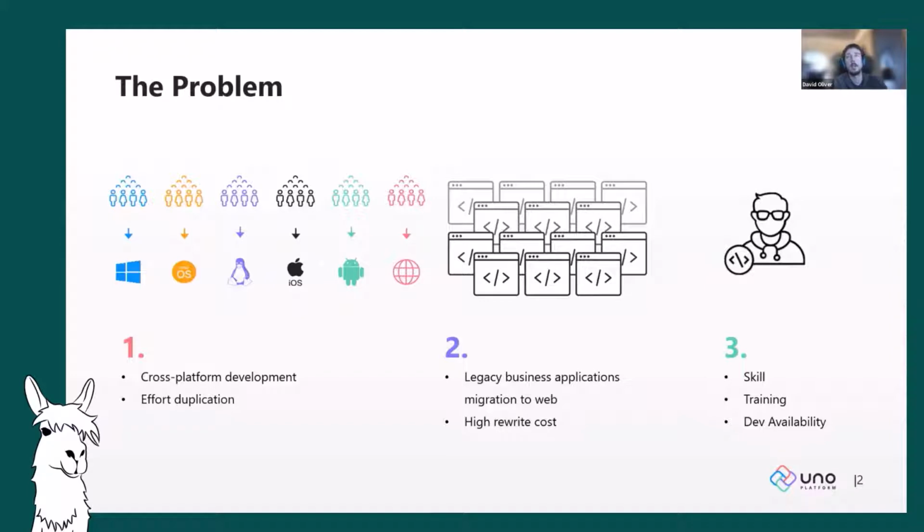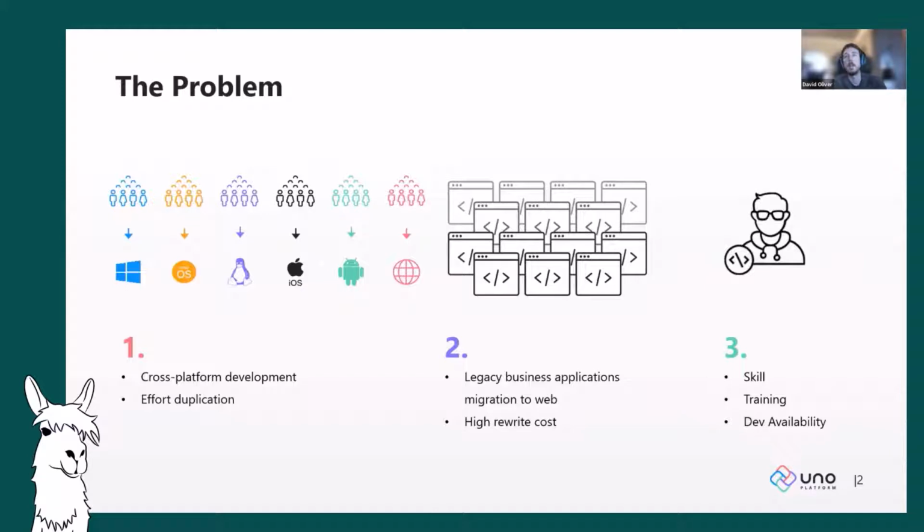What that means is that if you try to build them all using the native framework, then you're using multiple programming languages. You're effectively writing the same application out n different times for n different platforms. And there's a related problem to that, which is of migrating legacy code from one platform to another.